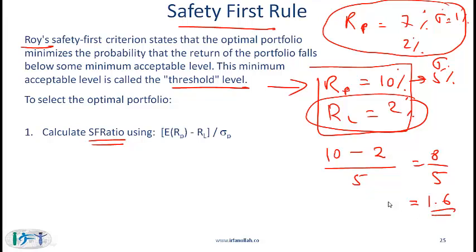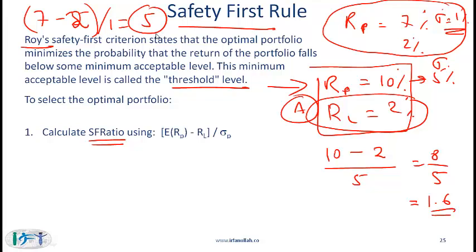So the safety first ratio for this portfolio, let's call it portfolio A, is 1.6. The safety first ratio for portfolio B is going to be 7 minus the threshold level, which is 2, and then we divide by the standard deviation, which is 1. So here the safety first ratio is 5.